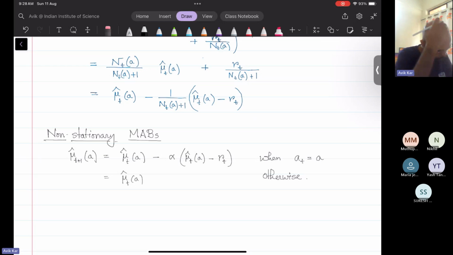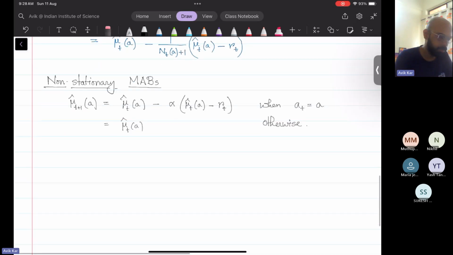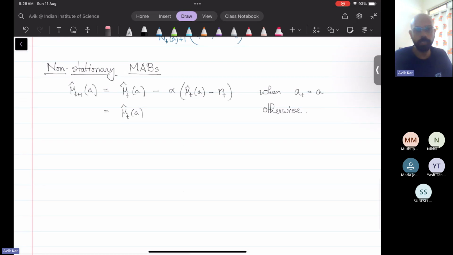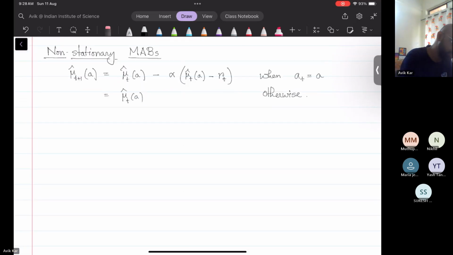And then you have studied UCB, epsilon greedy, and Thompson sampling. And in the last week, you have studied REINFORCE, or some gradient-based bandit algorithm. So let us do a recap of gradient-based bandit algorithms. I have a question: do you prefer if I do the coding of the gradient-based algorithm, or you want to try on yourself?